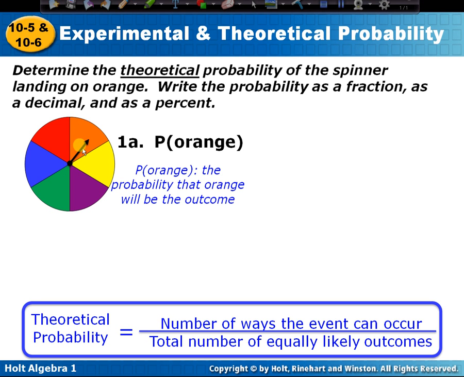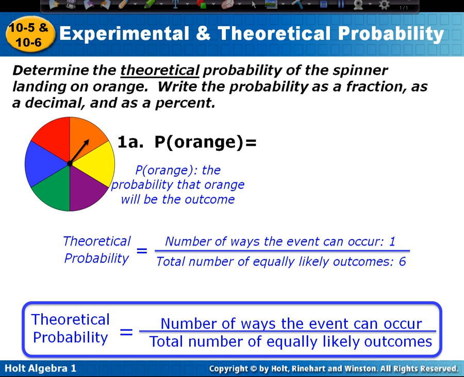So the probability that orange will be the outcome, that's what we want to know. The probability of the spinner landing on orange when there are a total of 6 sections and only one of them is orange is 1 of 6. So we write that as a fraction, 1 over 6, because there are 6 sections and orange is only one of those sections.